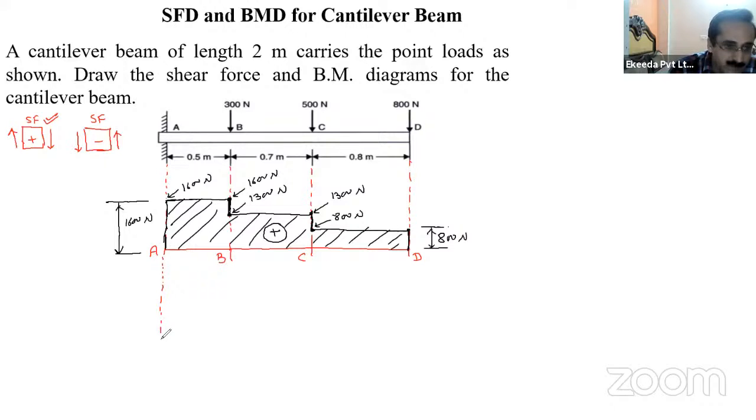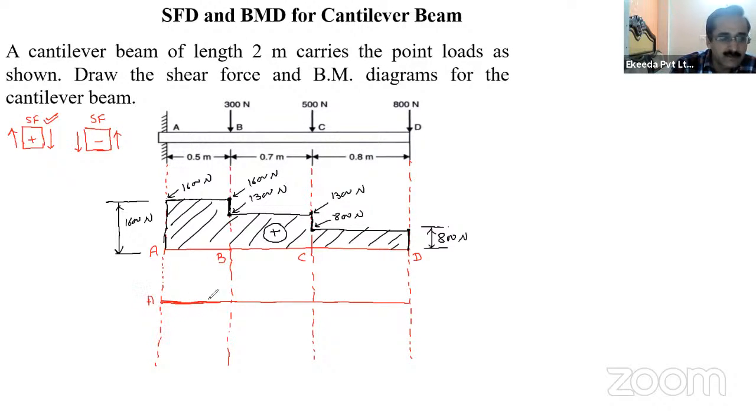At A point I am extending here, at B point here, here it is C point, C point is extending, and extension of D point, and on this horizontal line I will draw the bending moment diagram. This is A, B, C and D.